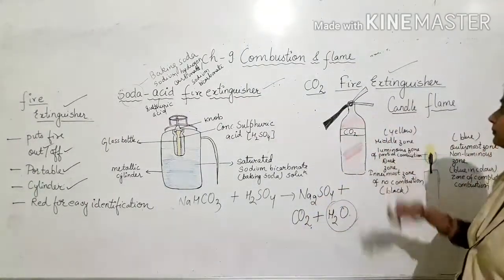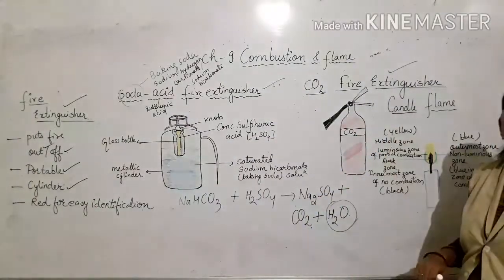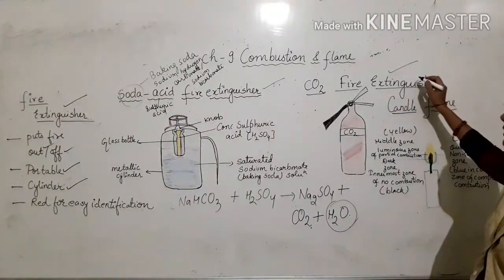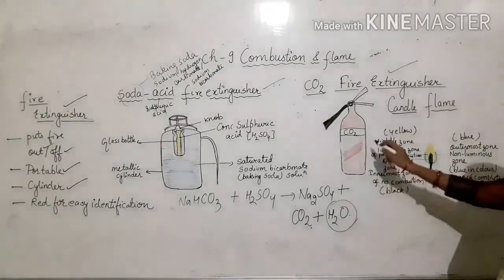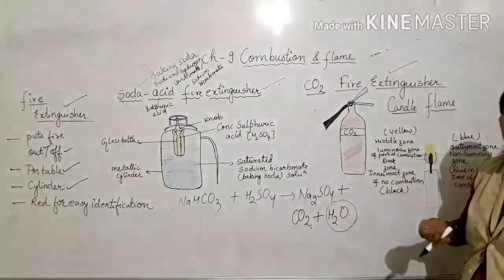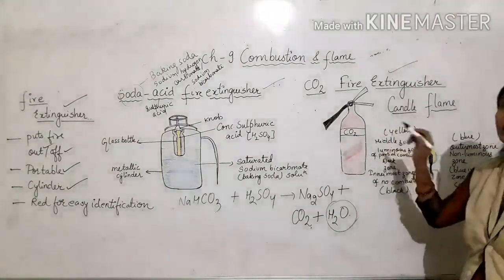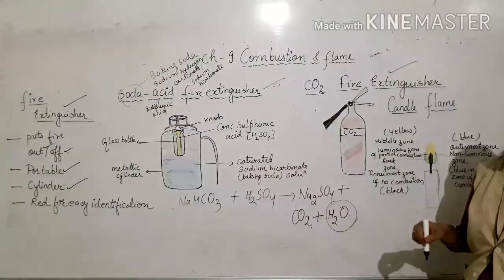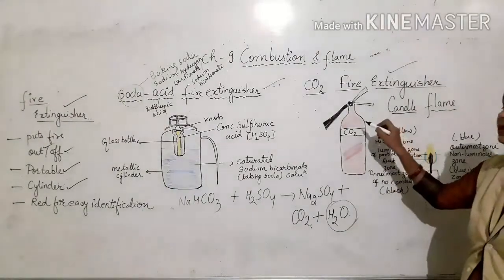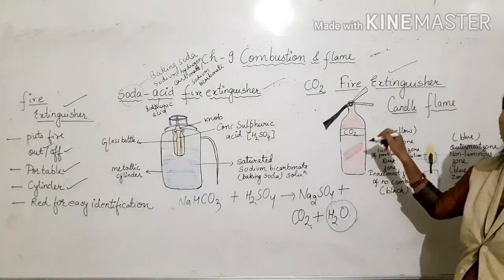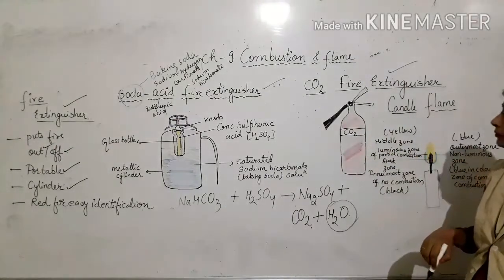Now, second, carbon dioxide fire extinguishers. Now, what is carbon dioxide fire extinguisher? You can see in the figure, it is a metallic cylinder containing carbon dioxide under very high pressure. It means in this metallic cylinder, carbon dioxide is stored under very high pressure.